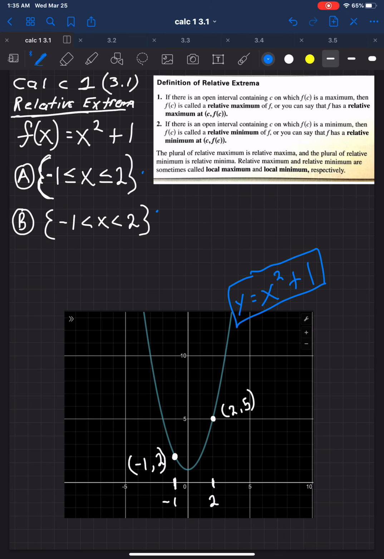So let's start with part A. Part A says that the interval that we care about is from -1 to +2, including -1 and +2.